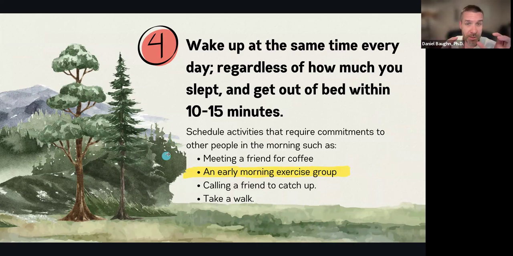If you are someone who has difficulties with rest or sleep, getting restorative sleep, anchor your wake-up time to the same time every day, regardless of whether it's a weekday or weekend. Now, if you're a healthy sleeper, do you need to do this? No, but that's because you've got better sleep. But if you're somebody who's really struggling with your sleep, getting out of bed and starting your day at the same time every day is super, super important.